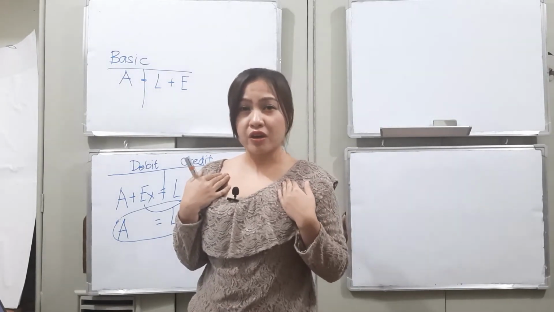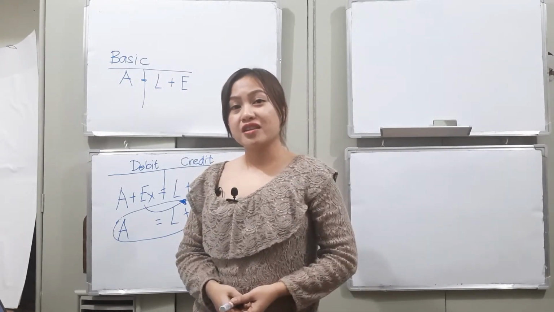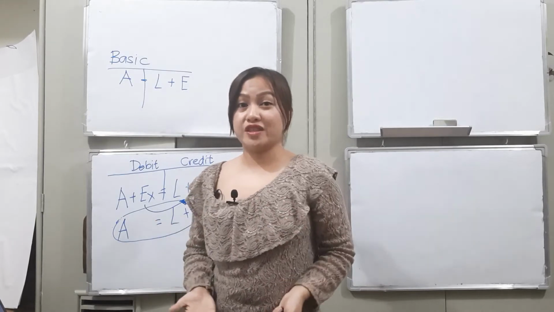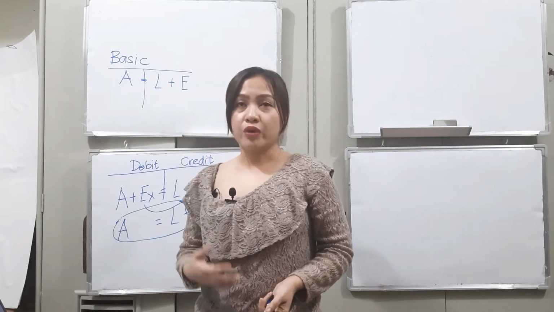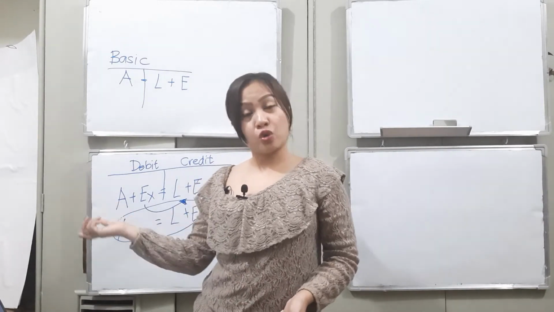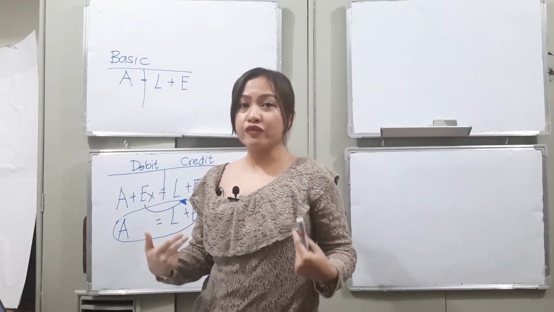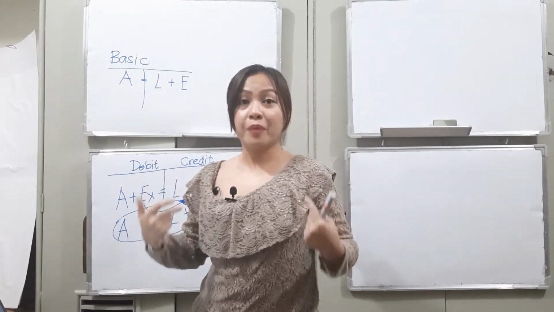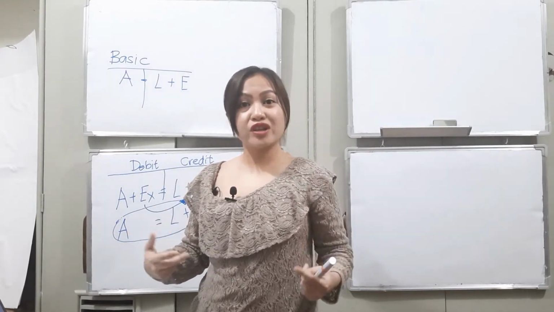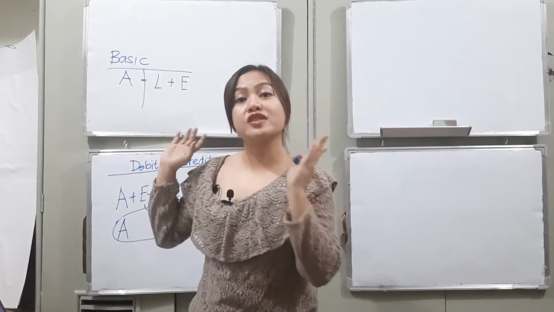Why? If you could recall the accrual basis, we record it as income when we have already rendered services. So for example, we book the hotel today but we will use it next month, October pa. So we have not yet rendered services. So in our point of view, yes, we have received cash, but it is our liability, it is our obligation to render services to that guest.